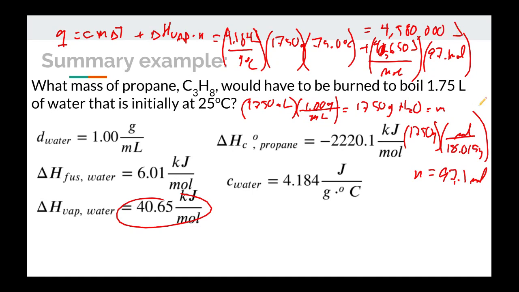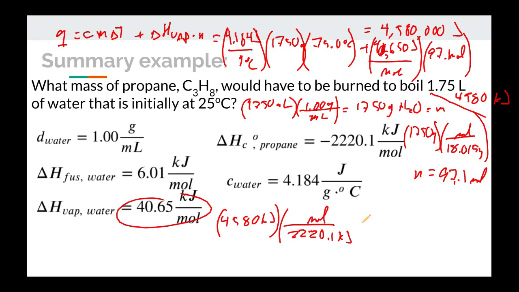Or, to put it back into kilojoules so we have a more reasonable number that works with our heat of combustion, this is 4,580 kilojoules. The question is what mass of propane would have to be burned, so we're going to go 4,580 kilojoules times 2,220.1 kilojoules per mole of propane.